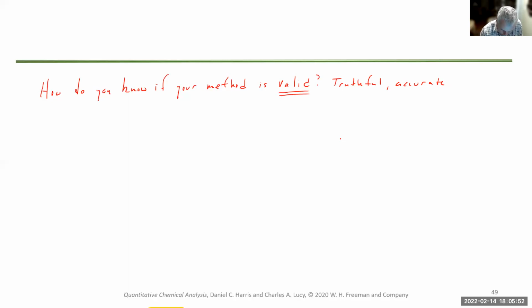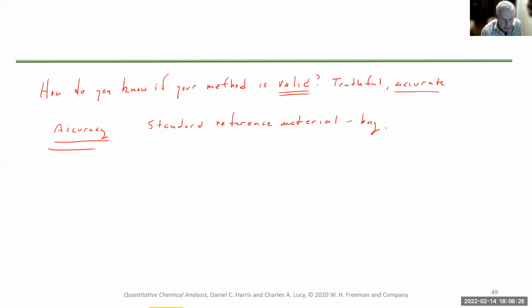But accuracy, the best way to measure accuracy is from a standard reference material, which is a commercial thing that you buy. And they exist for lots of different things, and you buy them from the NIST, the National Institute of Standards and Technology.